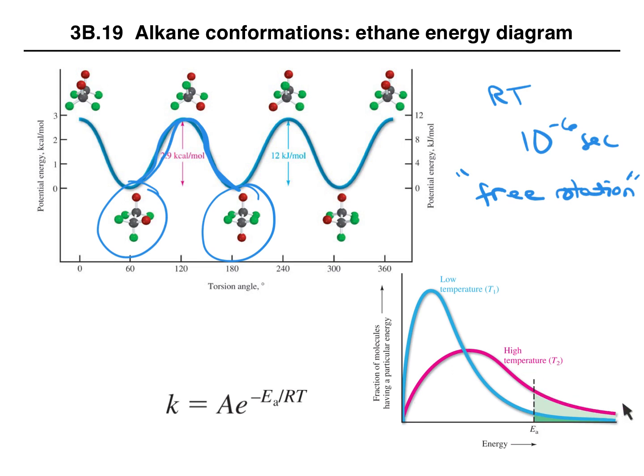The pink curve shows at higher temperature. So at higher temperature, most molecules have high energy. Some have lower, some have higher, but in this case, we have a lot more molecules under the pink curve that can overcome the activation energy. So what this shows us is that if we had a sample of ethane at higher temperature, we could get the rotation to happen even faster than the 10 to the -6 seconds.